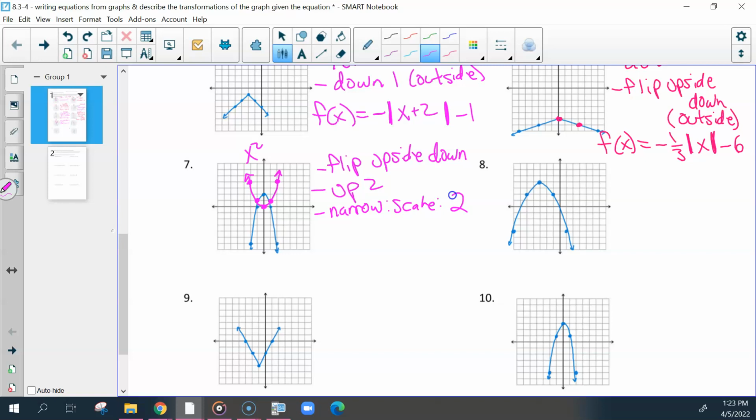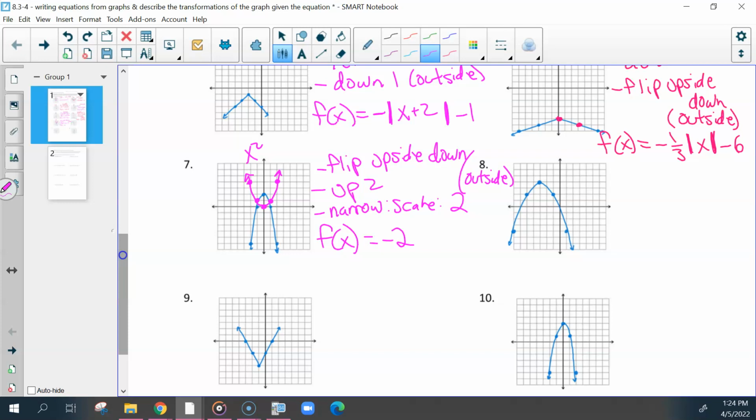And I'm going to show this in the calculator also. These, again, would all be outside things. Flipping upside down, up 2. The scale is vertical, so these are all outside. So we would start this off, f of x equals, what would go first? Negative 2.